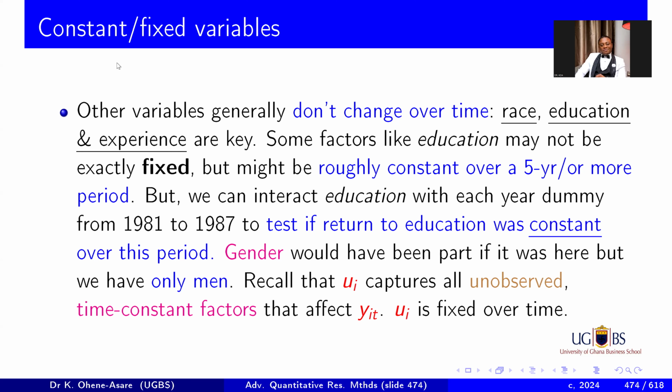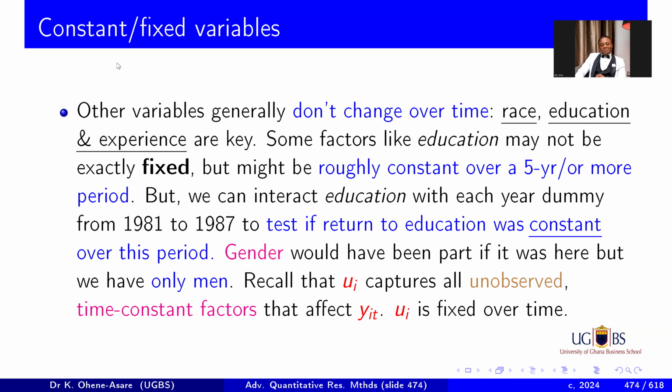Now, even though education is presumably fixed, even if it changes, it is changing the same way for everyone. But the key point is that education is fixed because of what we said.